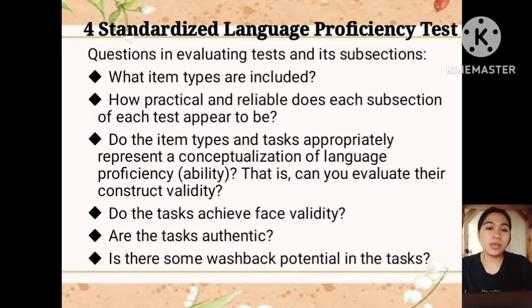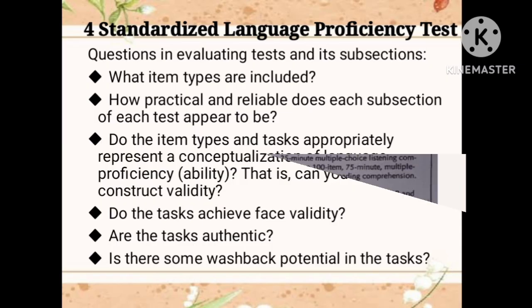Number three, do the item types and tasks appropriately represent a conceptualization of language proficiency or ability? That is, can we evaluate their construct validity? Then, do the tasks achieve face validity? Number five, are the tasks authentic? Number six, is there some washback potential in the task?